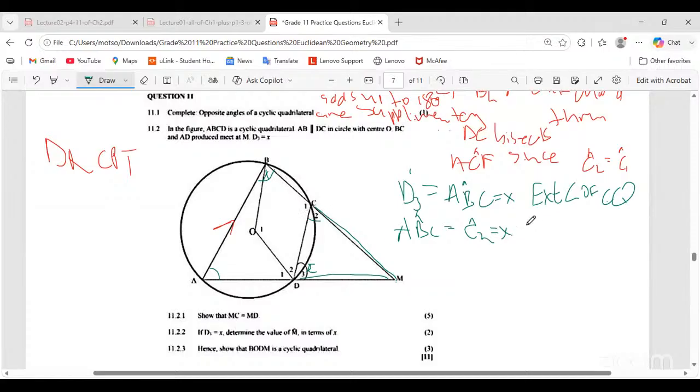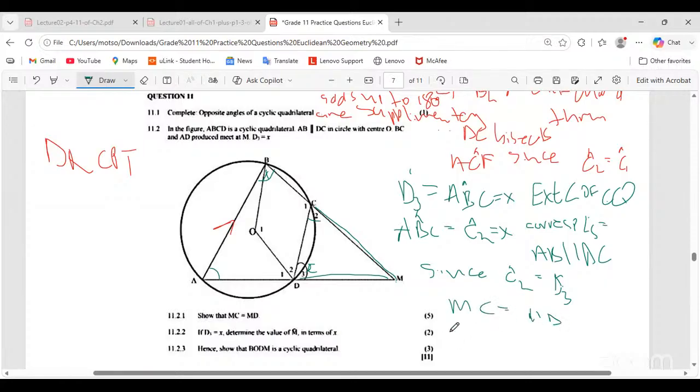Why? We said corresponding angles, right? Corresponding angles are equal. Why? Because AB is parallel to DC. Yes. Now you are done because now we'll just simply say since angle C2 is equal to angle D3, you can simply say line MC is equal to the line MD.